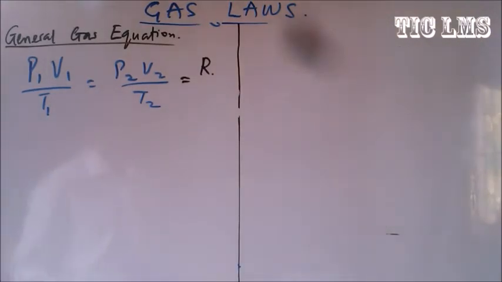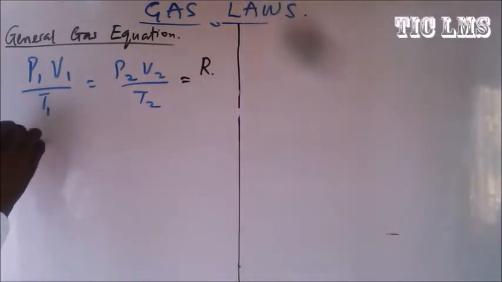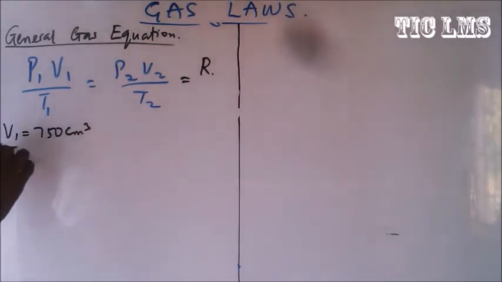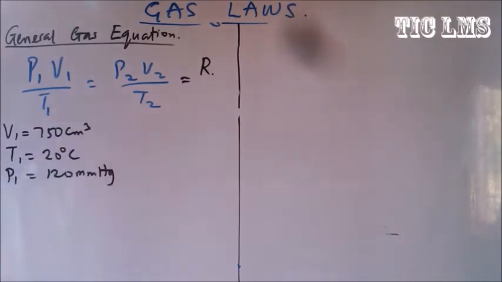Here is the next question, which says that a given mass of a gas has a volume of 750 centimeter cubed at 20 degrees Celsius and 120 millimeter mercury. Calculate the pressure at which it will have a volume of 700 centimeter cubed at 40 degrees Celsius. So we take down our parameters. We have that a gas has an initial volume of 750 centimeter cubed, and then an initial temperature of 20 degrees Celsius and a pressure of 120 millimeter mercury initially.